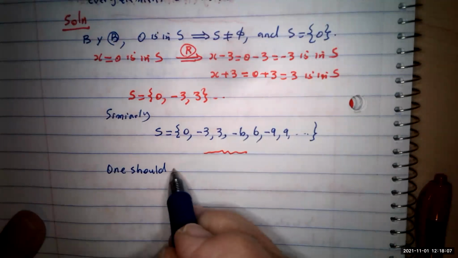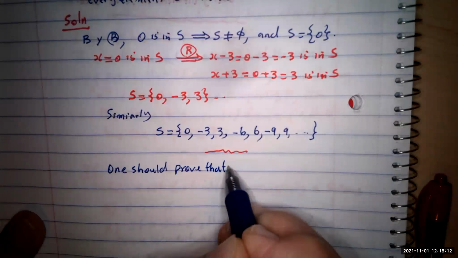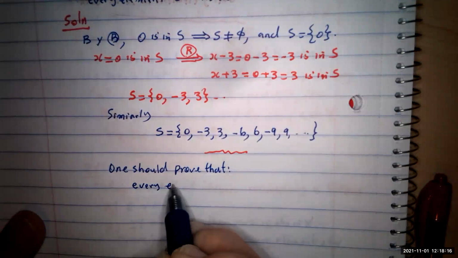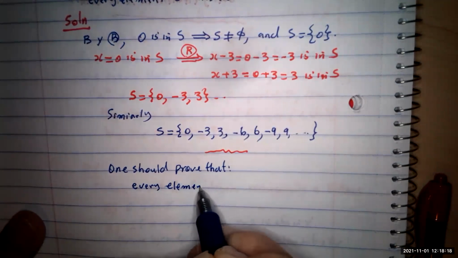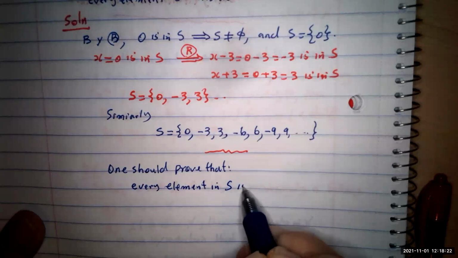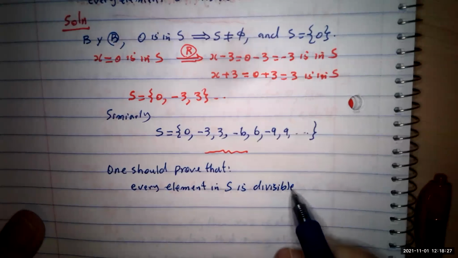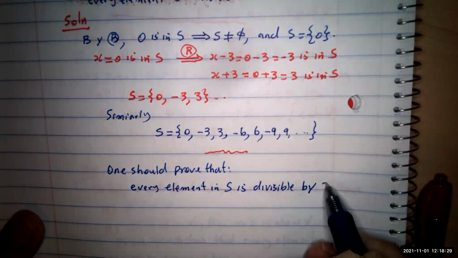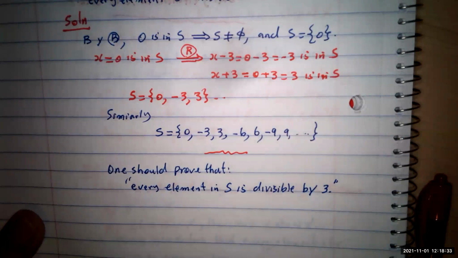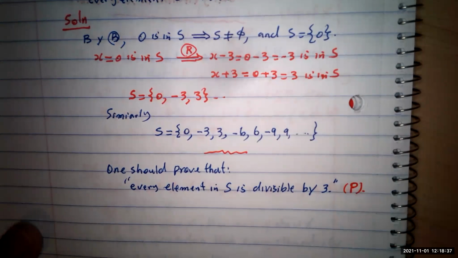One should prove that every element in S is divisible by 3. This is property P. Property P for a reference.